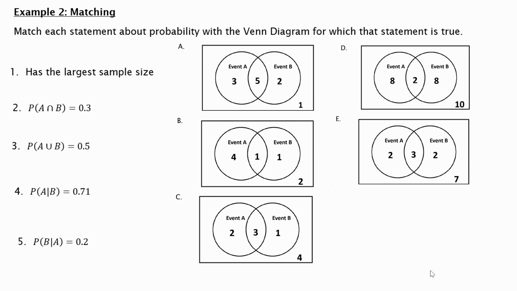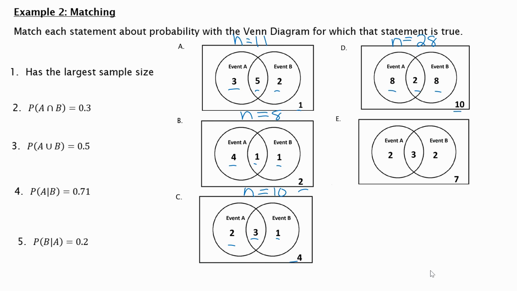When we add these up, you can see the first one, 3, 5, 2, and 1, would give us an n of 11. 4, 1, 1, and 2 would give us a sample size of 8. 2, 3, 1, and 4 would give us a sample size of 10. 8, 2, 8, and 10 would give us a sample size of 28.